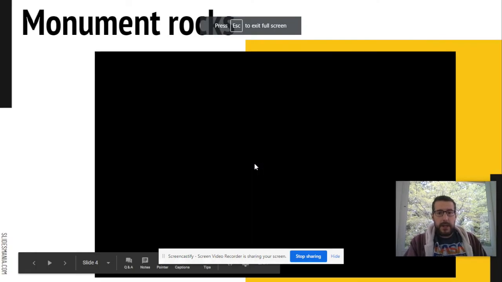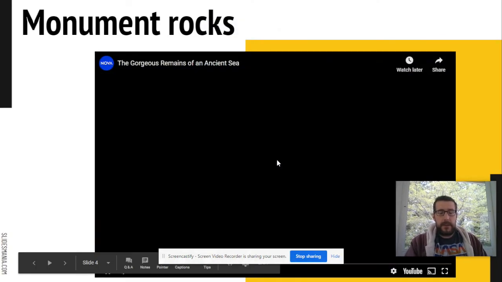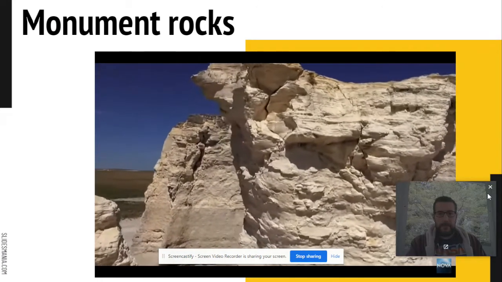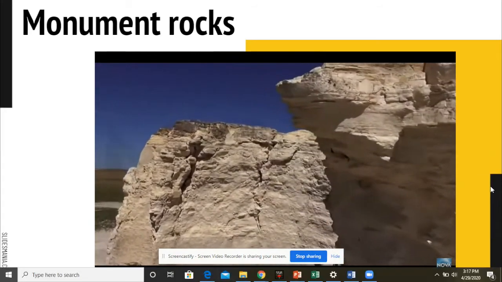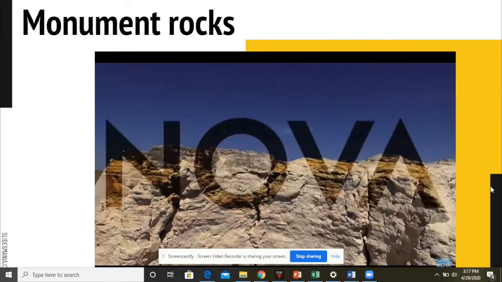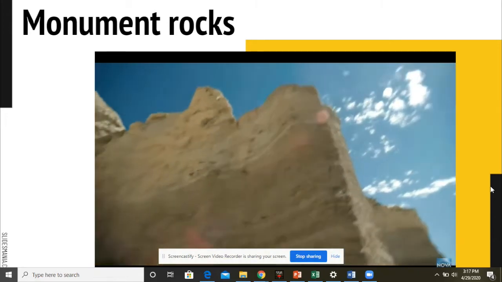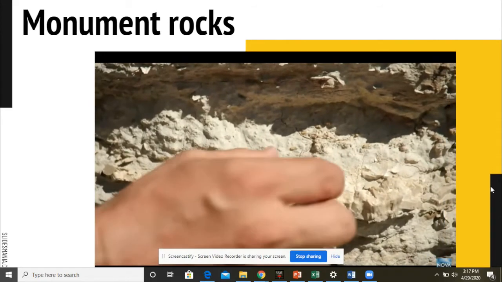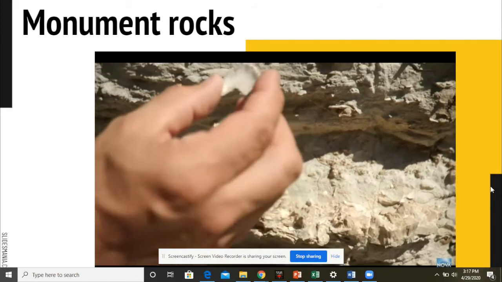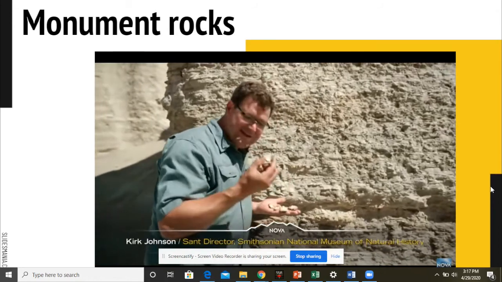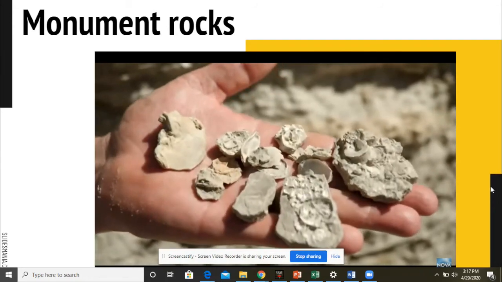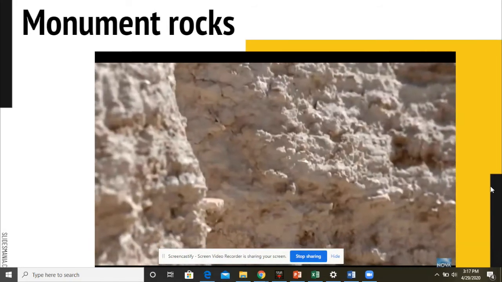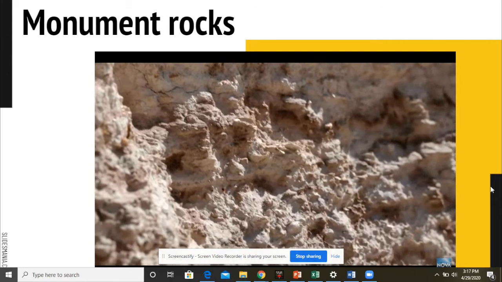and take a look at the monument rocks of Kansas. In western Kansas, a series of spectacular shapes burst up out of the plains. They're called monument rocks, and the raw material for these towering structures was formed more than 80 million years ago by the smallest of creatures. This place is amazing. I've been looking for just a few minutes, and here's a shell. It's an oyster shell. I've been finding these things all over the place. And this whole place is made of shells. There's really big ones, there's small ones, even the chalk itself is made of microscopic shells.